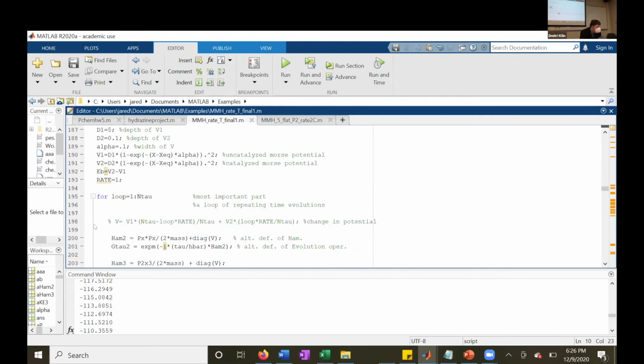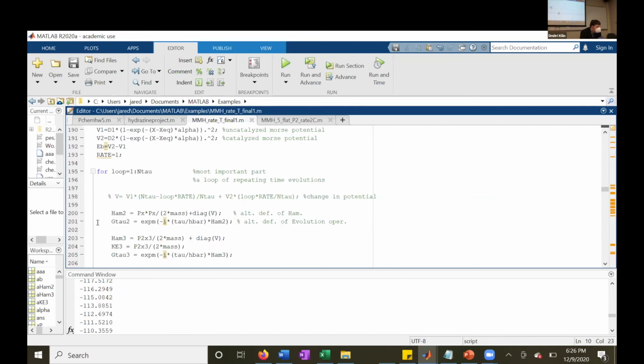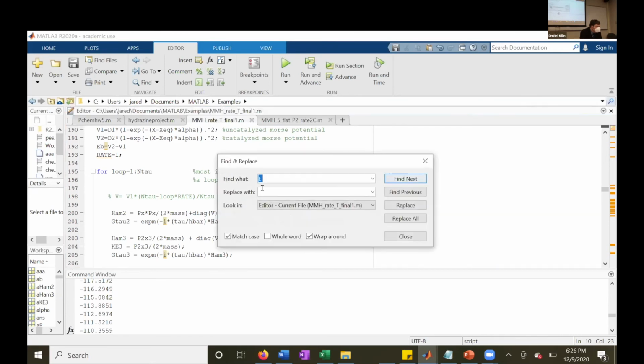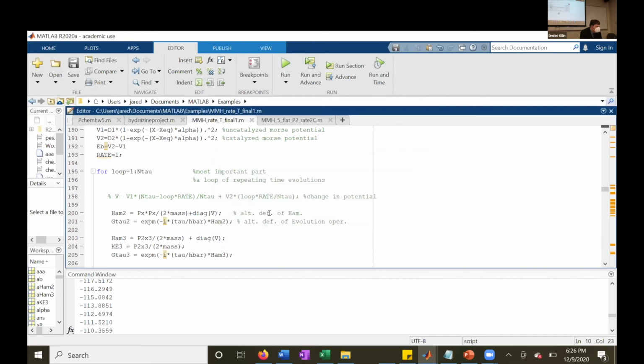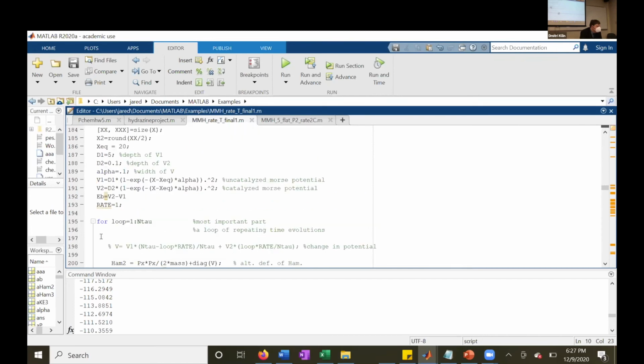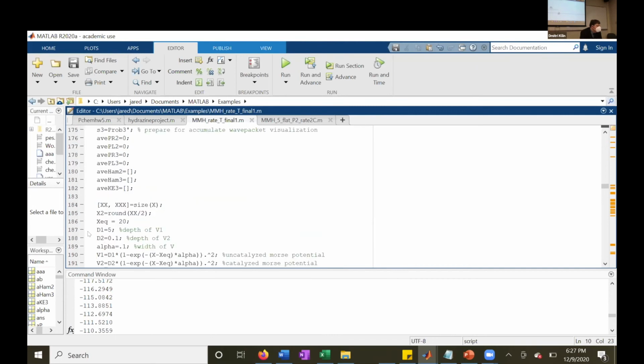M2, M3, V. So we need to find M3. Yes, but we need to find before, where the V is defined. Not M3, we found it, but where V is defined. We need to find how the V capital is defined in terms of the E. So up or down? Up. I'm looking for something like V equals E capital.